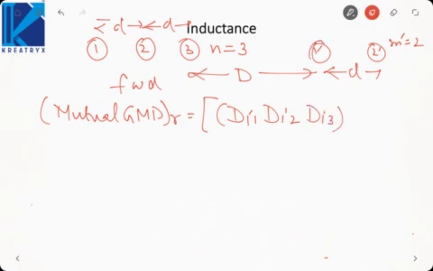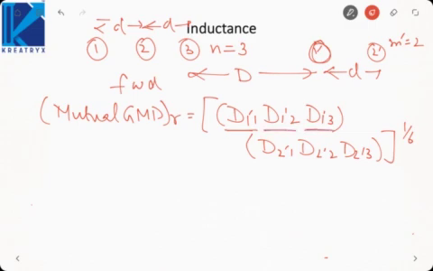Take combination of one conductor with all the conductors of the other group. Then proceed to the next conductor, 2 dash 1, 2 dash 2 and 2 dash 3. Again raised to power 1 by 6. 1 1 dash is same as 1 dash 1, 1 dash 2 is same as 2 1 dash, 1 dash 3 is same as 3 1 dash. 2 dash 1 is 1 2 dash, 2 dash 2 is 2 2 dash, 2 dash 3 is 3 2 dash. So mutual GMD of forward and return path is same.